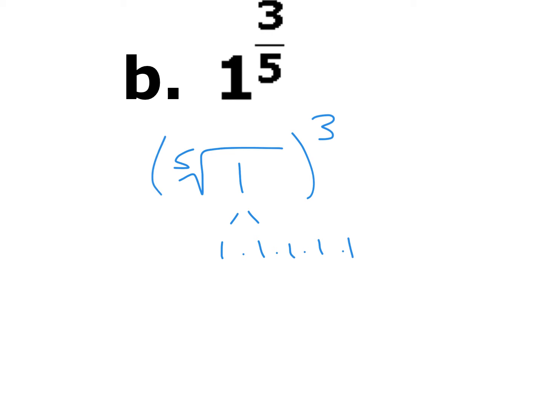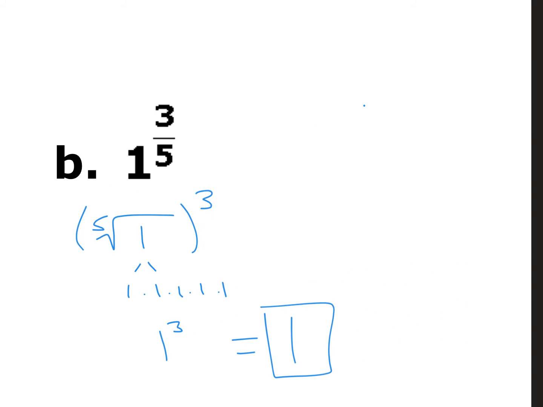So what's the fifth root of 1? 1. And then what's 1 cubed? 1. So 1 to any exponent will always be 1. You could have 1 to the power of 1 million. So if we see a 1, we just write 1. Okay. 1, no matter what the exponent is, will always be 1.